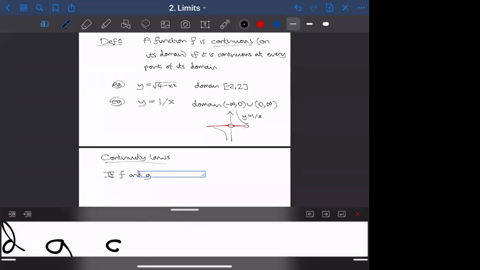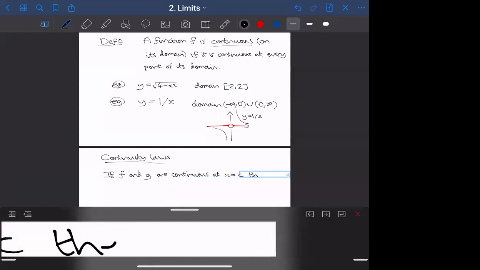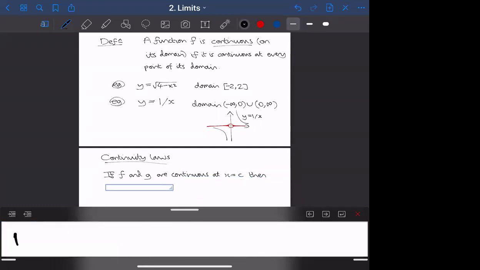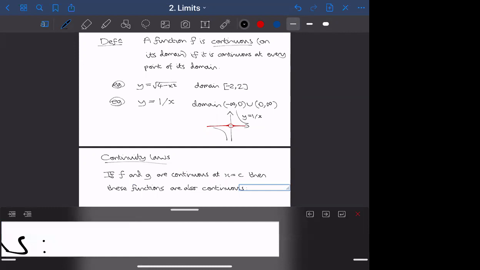If functions f and g are continuous at x equals c, then these functions are also continuous.